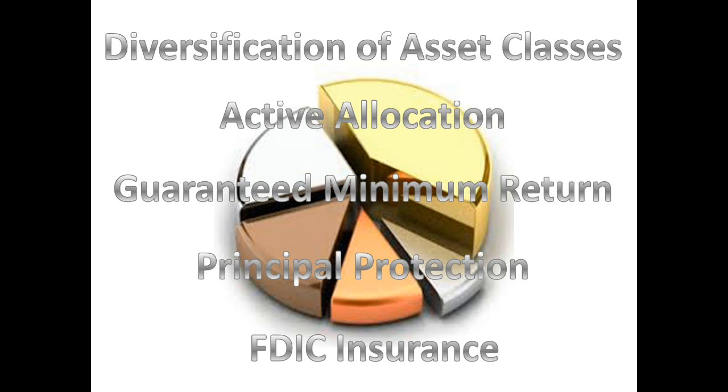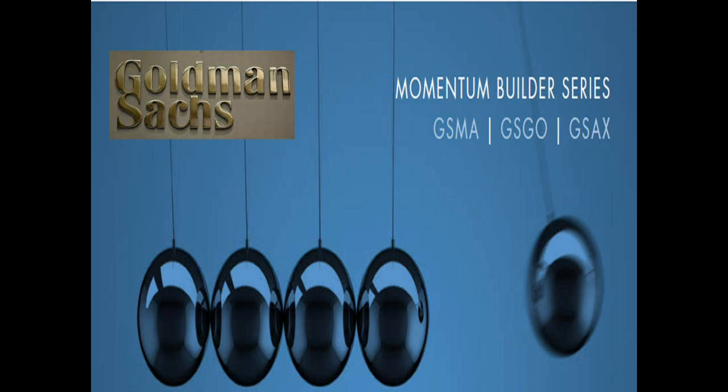A sound mathematically based strategy, diversified over 7 different asset classes, with a minimum guarantee and FDIC insurance. What's not to like? Folks, I've said it before, this is the future of investing.